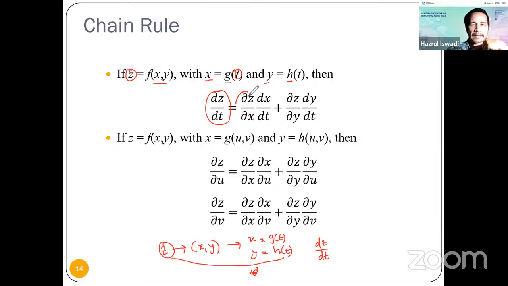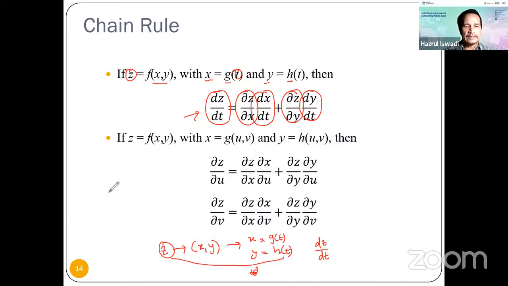We take the partial derivative of z with respect to x and also z with respect to y, and multiply these partial derivatives with the derivative of x with respect to t and y with respect to t. This is how to find the differential of z with respect to t.